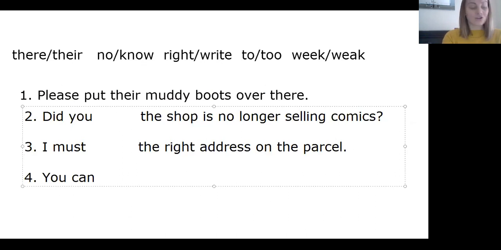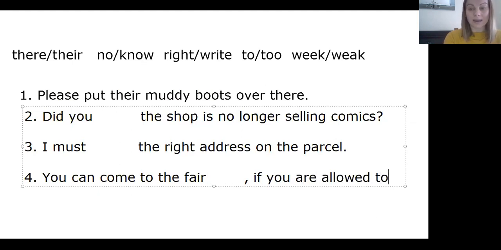Okay, welcome back. Number 4, you can come to the fair something if you are allowed to. So what you need to do is have a look once again to see which homophone we're looking at.